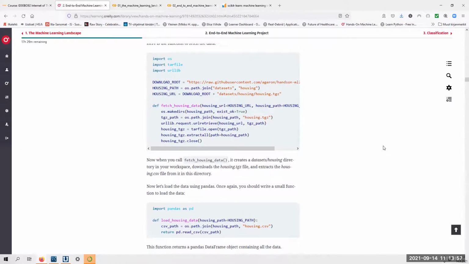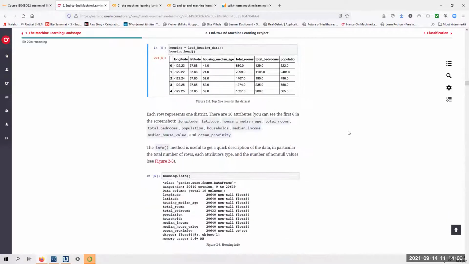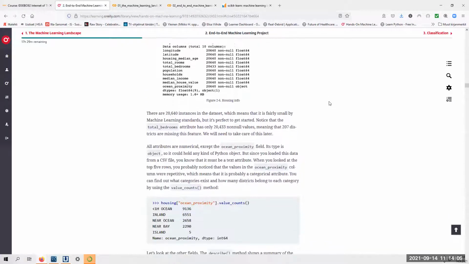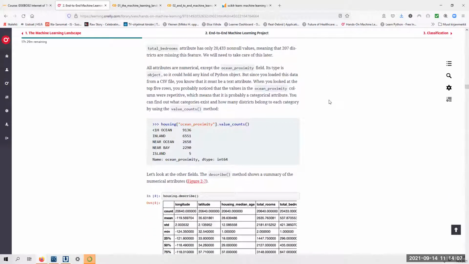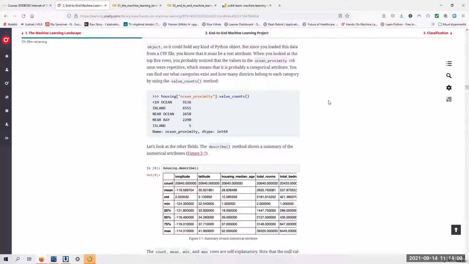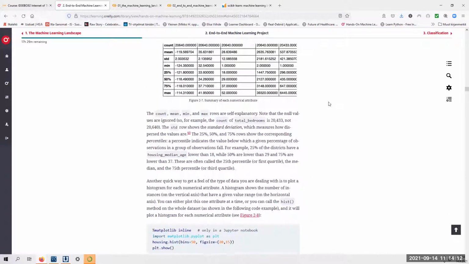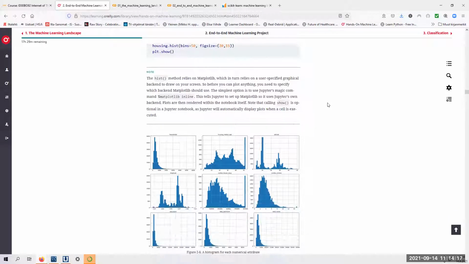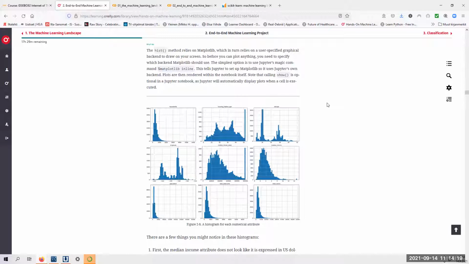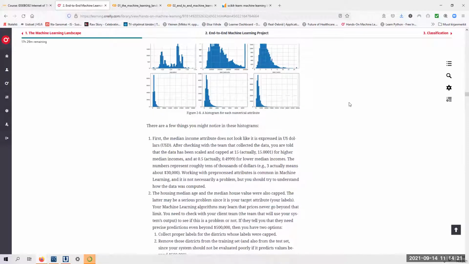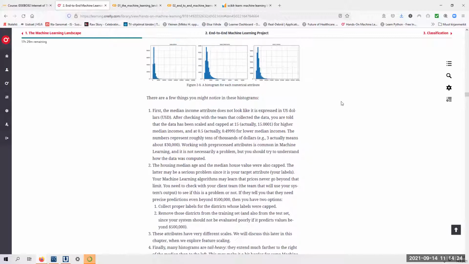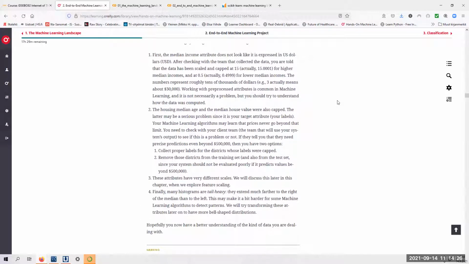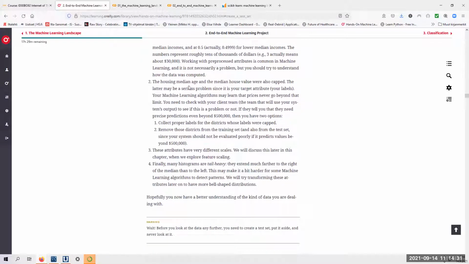Okay, maybe it's explained here better. I don't remember every detail. Haven't done my homework that well. Okay, I think it's the housing median age.